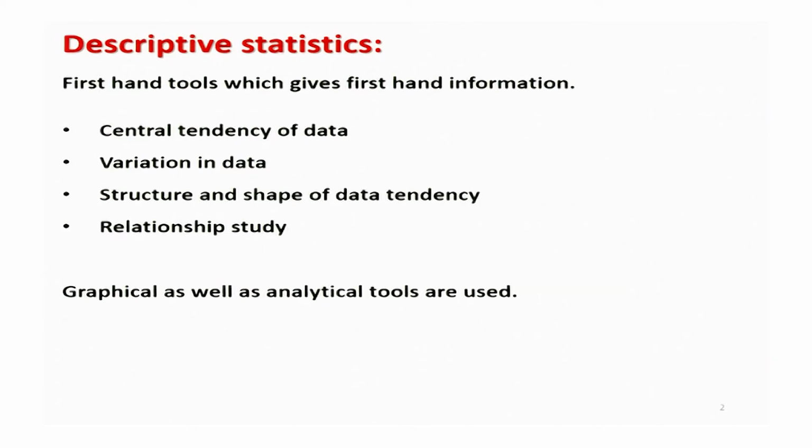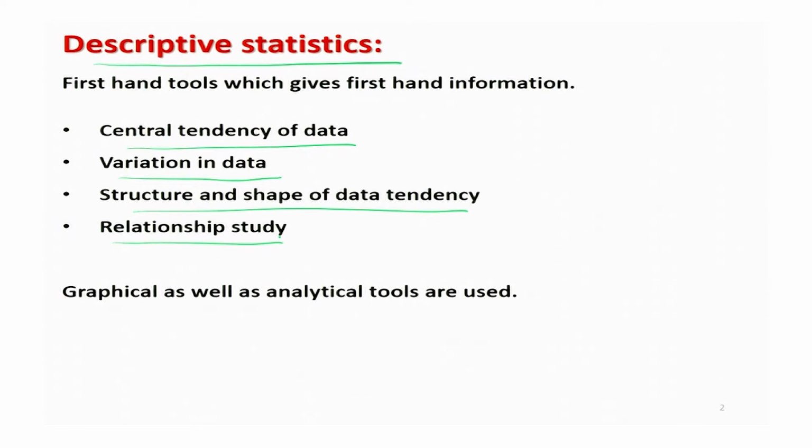Whenever you get some data, the first job you are going to do is employ the tools of descriptive statistics, right? Descriptive statistics means you want an idea about the central tendency of the data, variation in the data, structure and shape of the data, and relationship study, and in order to understand this you would like to use graphical as well as analytical tools.